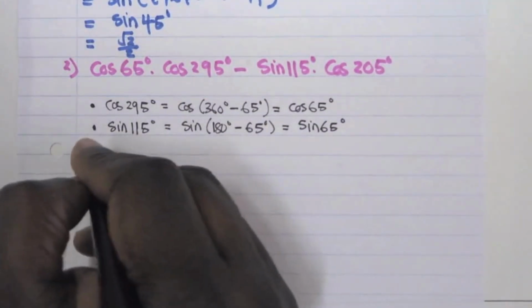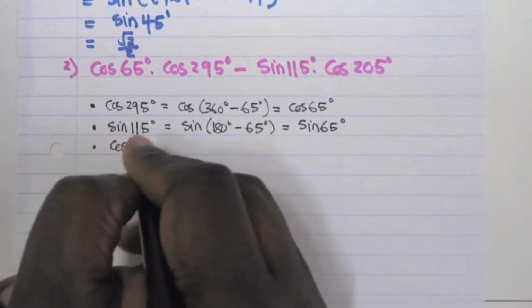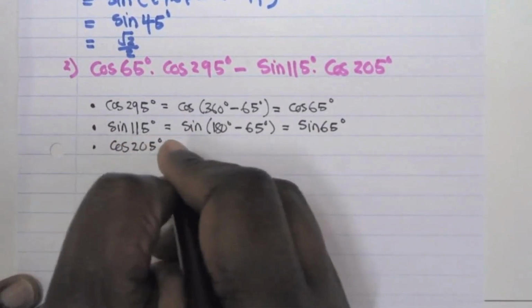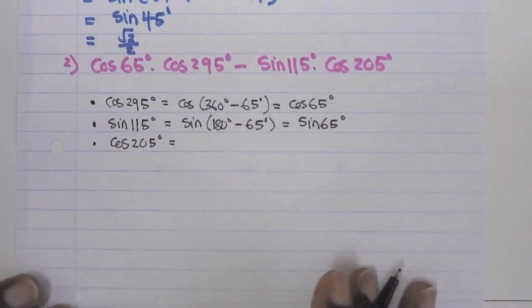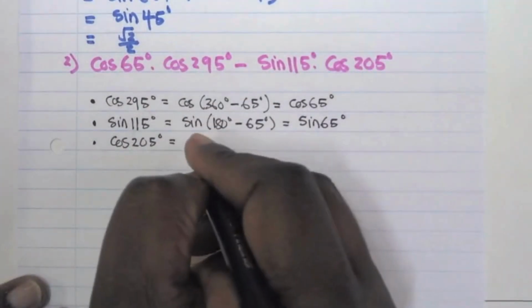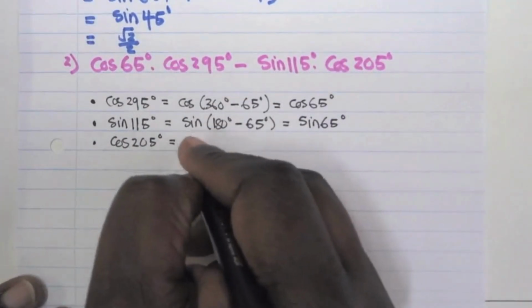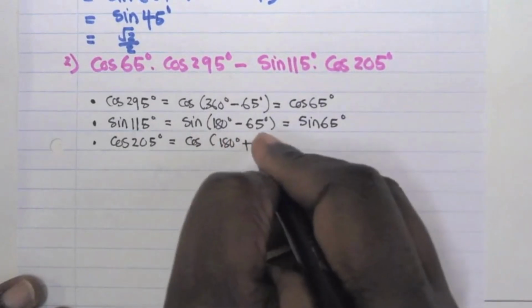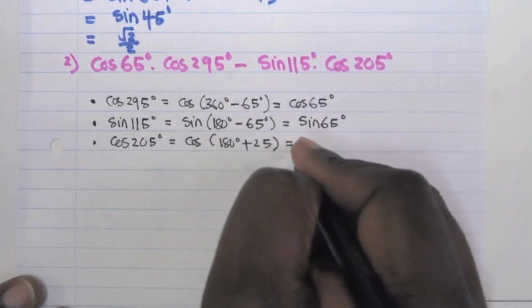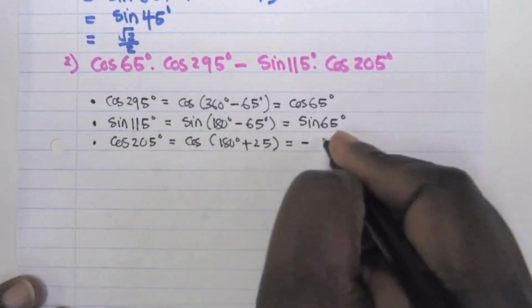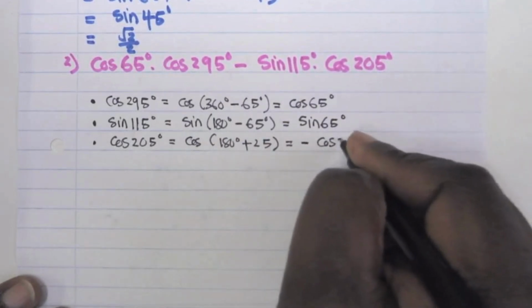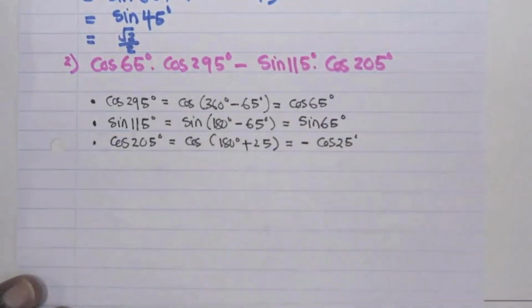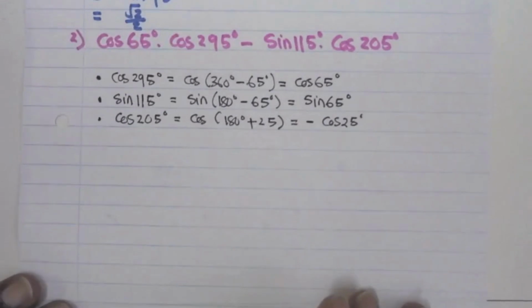And then the last part, it says cos 205 degrees. If I do this one here, I'm going to get cos(180 degrees plus 25 degrees). And my final answer is going to be negative cos 25 degrees. Then I can proceed to do my substitutions.